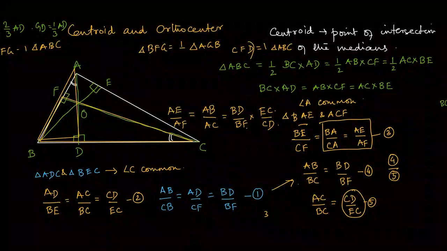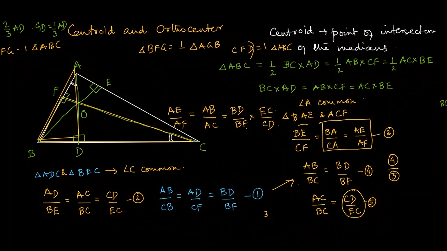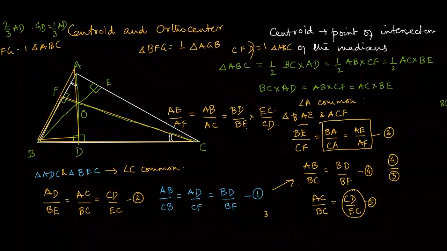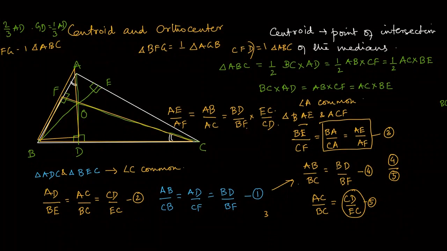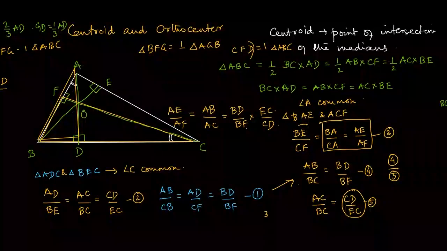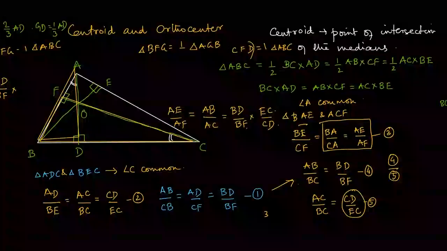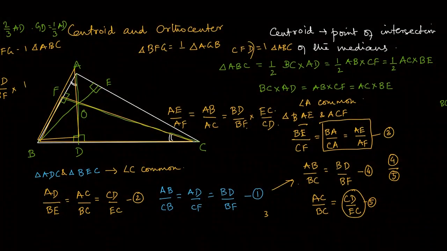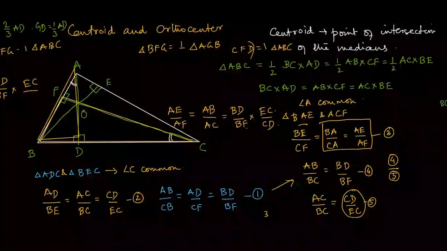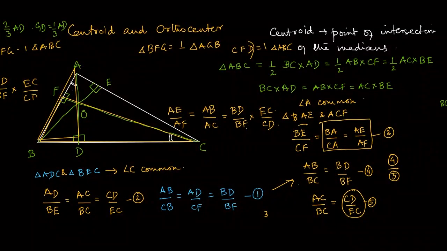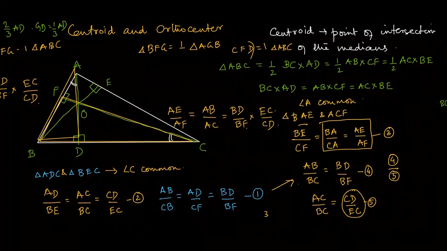Therefore, I will write AE by AF is equal to BD by BF into EC by CD, right?